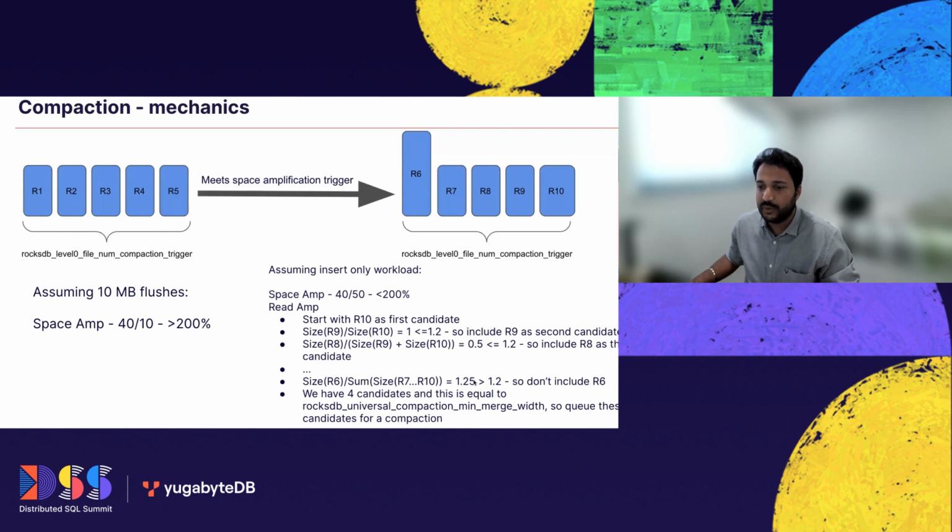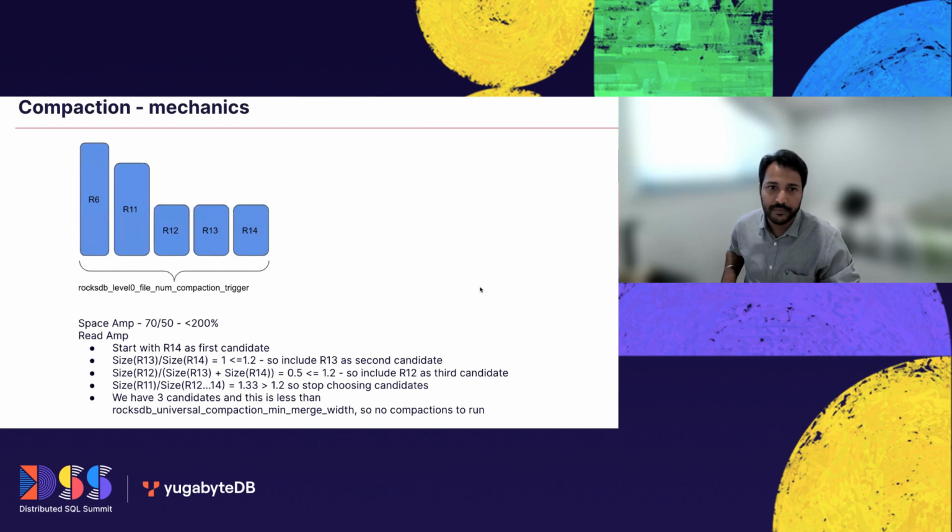Whenever it crosses that 1.2 threshold, it does not include the next one, and sees how many files we have, and then triggers a compaction. So those 4 files are compacted into R11, which is a 40 MB file, and then this one is 50 MB. And let's say you get more files. We do the same checks for space and read amplifications again.